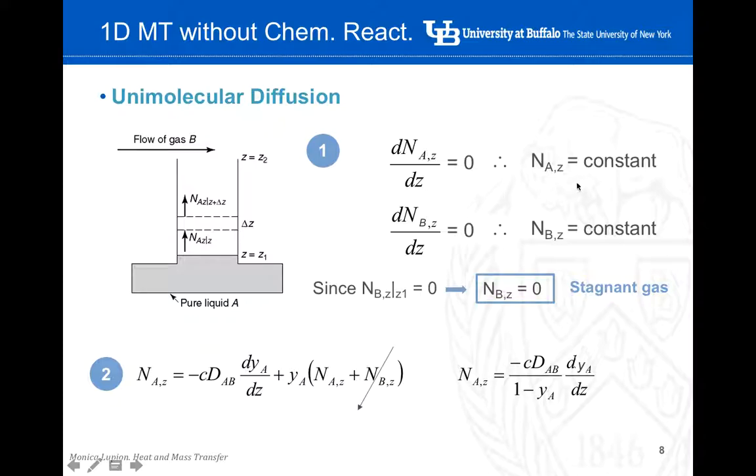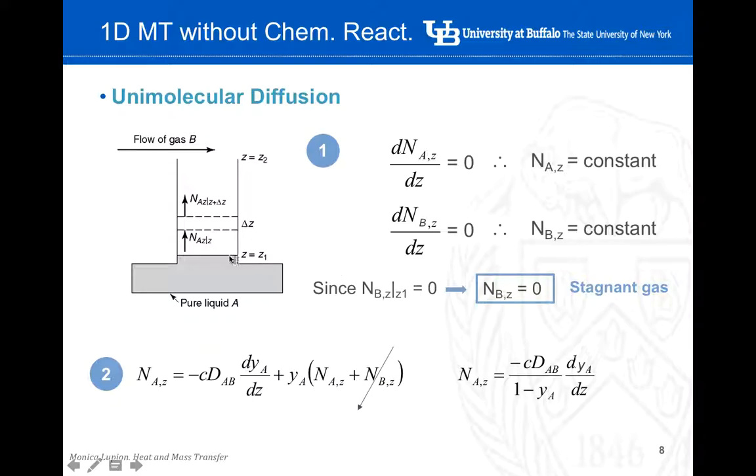That means that the molar flux of A is constant. The same will apply for the element B, because we can apply the same equations but considering B instead of A. So because of the one dimension steady state conditions and that there is no chemical production, we know that the molar flux of A and B are constant.